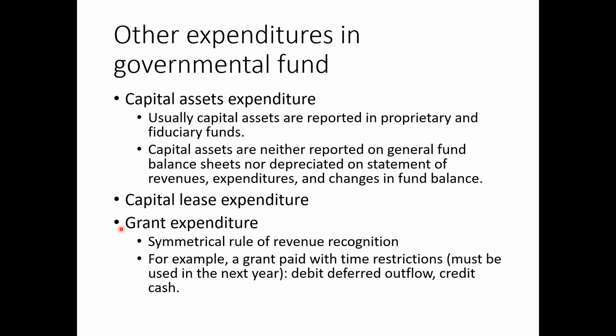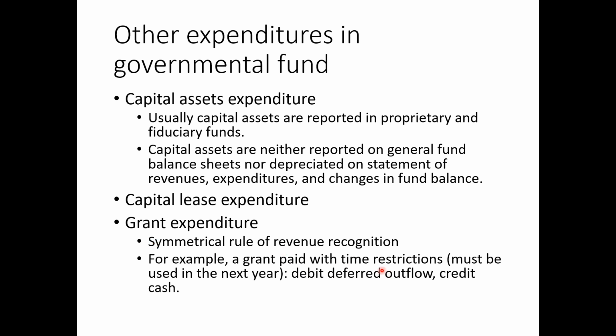Grant expenditures. Just follow the symmetrical rule of revenue recognition. The party who received the grant records a revenue, so the party who gives the grant will record an expenditure. For example, for a grant paid with time restrictions, I'm going to debit deferred outflows, credit cash. Why?